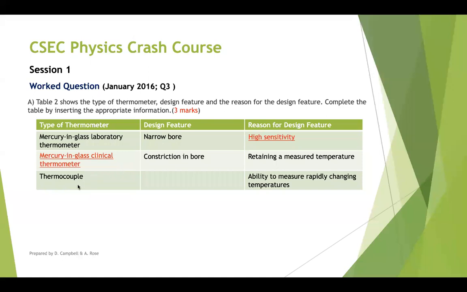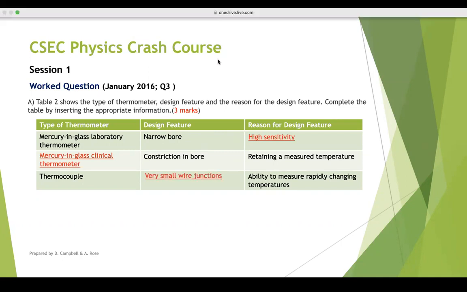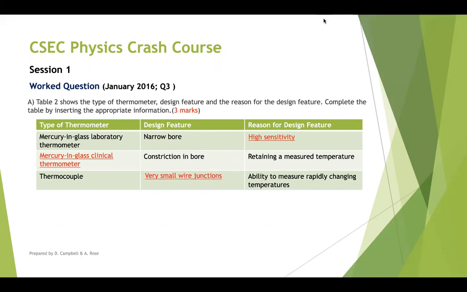Third one now is a thermocouple, and the ability to measure rapidly changing temperatures is the reason for the design feature. So you are to find the design feature which matches this reason. And the design feature would be very small wire junctions. Now, for this, it means that you have to be very knowledgeable about the different thermometers.